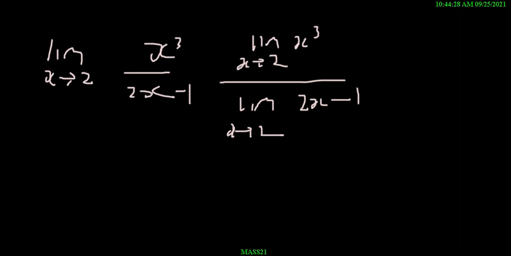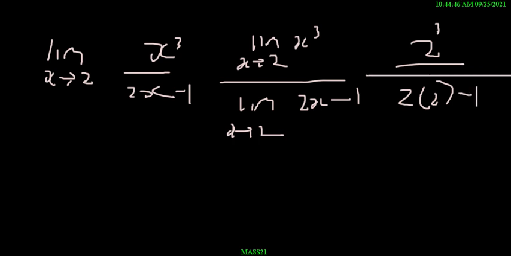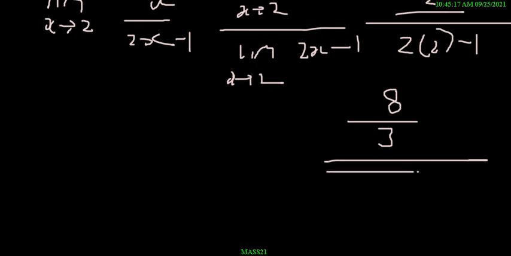We put the 2 in for x: 2 to the power 3, over 2 times 2 minus 1. 2 to the power 3 is 8, over 2 times 2 is 4, 4 minus 1 is 3. And this is the answer.